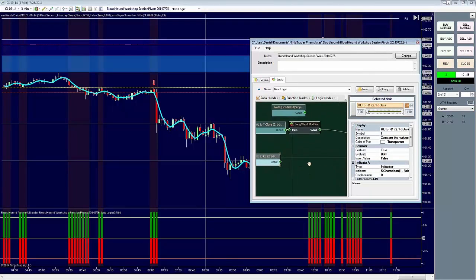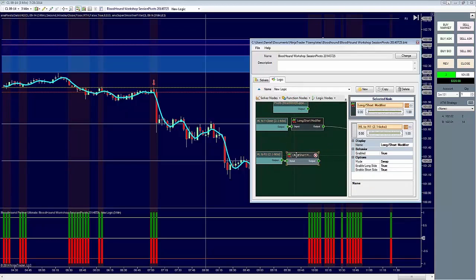All right, so that's high and low to R1 there. So let's build that condition.